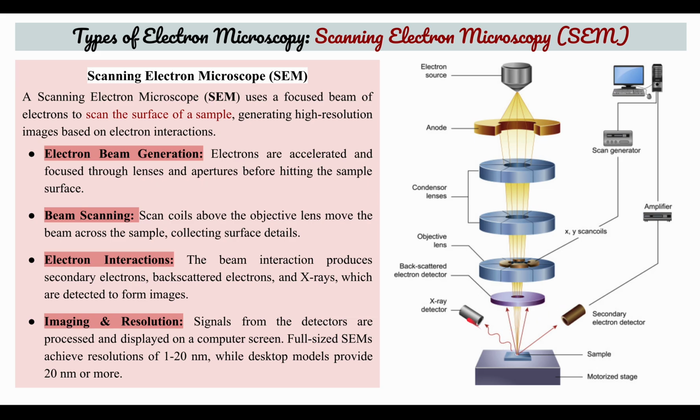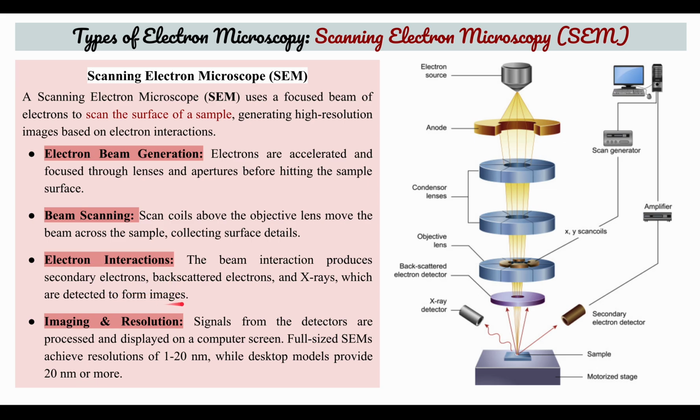There will also be some x-rays generated, which are collected by the X-ray detector, and ultimately the other beams which get diffracted are collected by the backscattered electron detectors. These are the electrons which get scattered back.